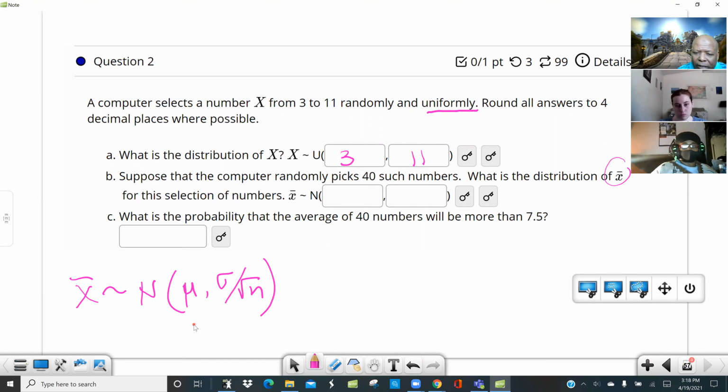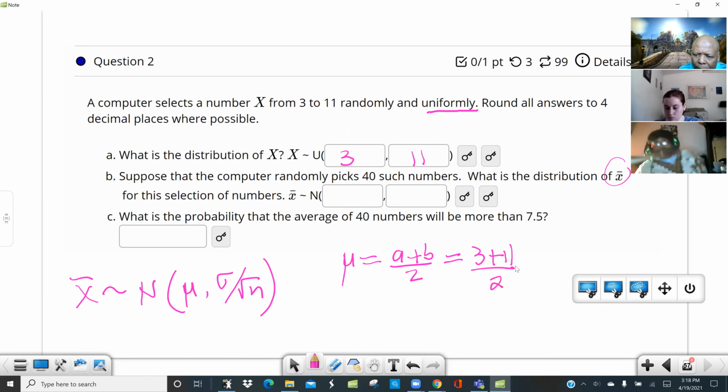So the mean is gonna stay. So what's the mean? We need the mean now. The mean is gonna be A plus B over 2. So the mean is 7.